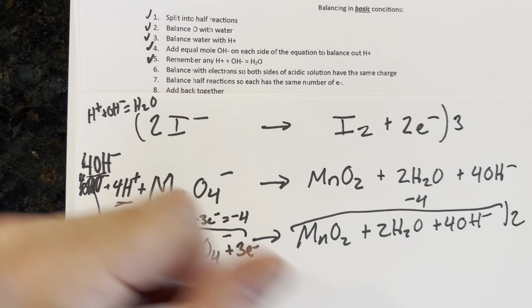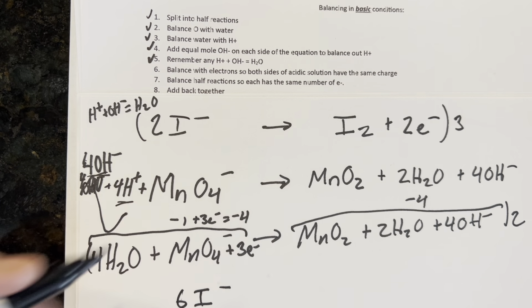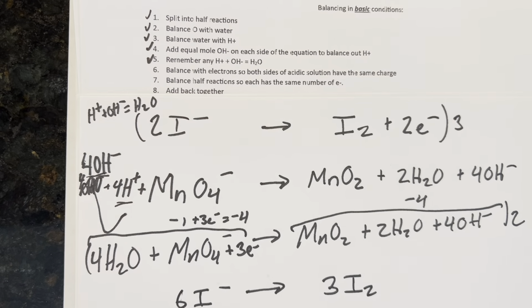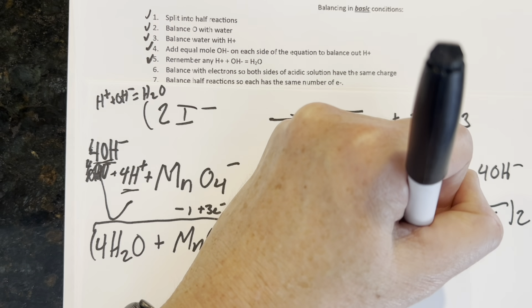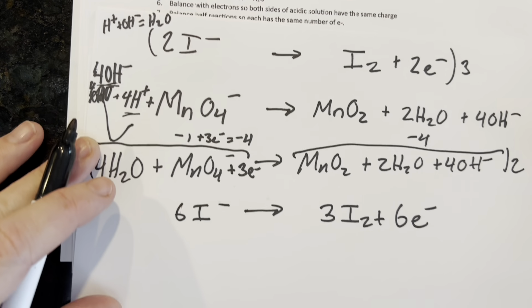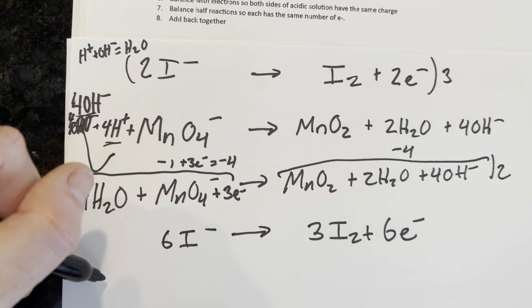I'm going to start with the iodide. I'm going to multiply everything by 3, so I have 6 I-, yielding 3 I2 plus 6 e-. All right, and I'm going to do the same thing with this one right here, multiplying everything by 2.